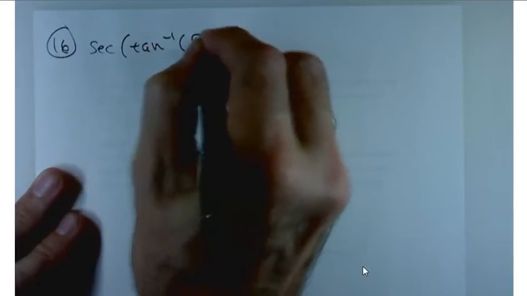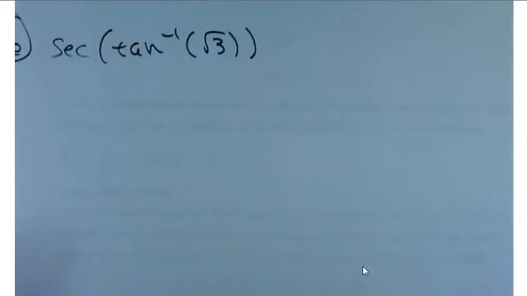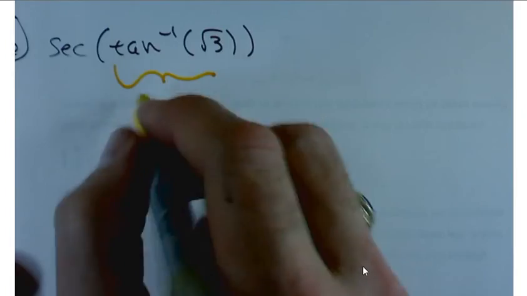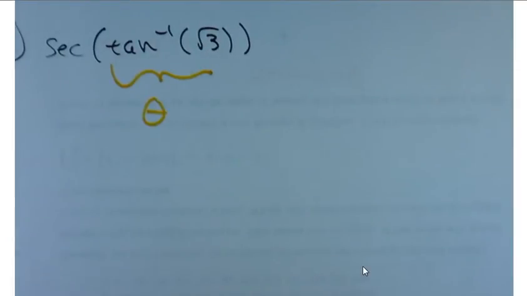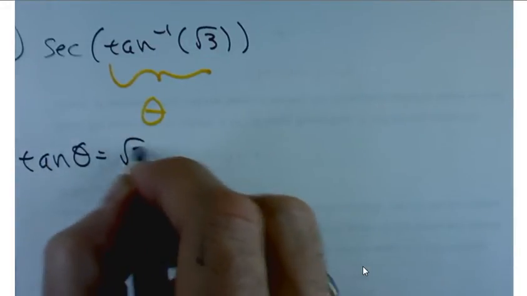Secant of the tangent inverse of the square root of 3. Understand that this expression in there is an angle. It's the angle where the tangent is square root of 3. So let's write that. Tangent of theta equals the square root of 3.